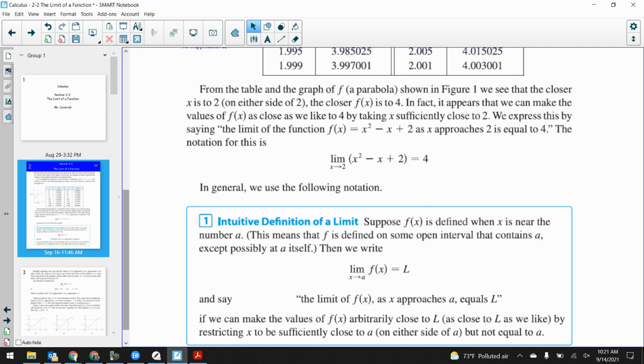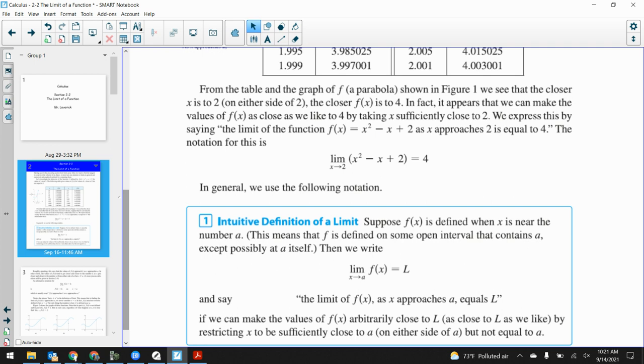This is the notation that we're going to be using. Okay? Let's read this notation. The limit as x approaches 2, meaning as I make x closer and closer to 2, from both sides, as x goes to 2, of, and we always put the function in there.